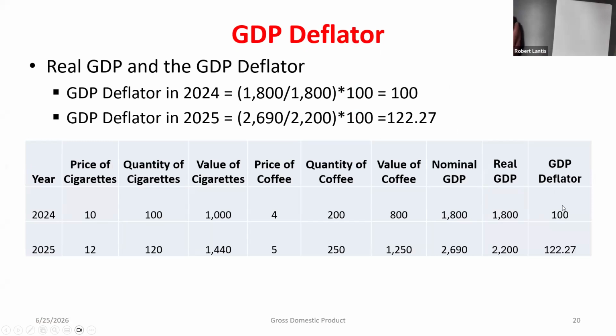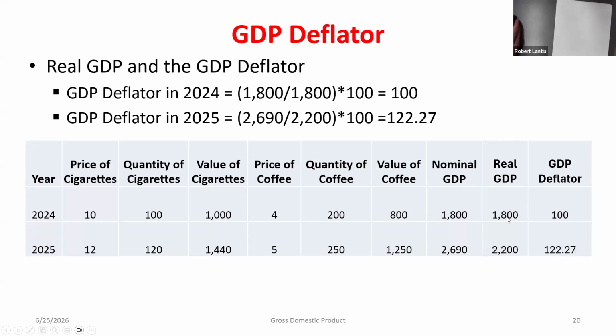Sure enough, in that base year, I get a GDP deflator of 100. If I do the same thing for 2025, I would be taking my nominal divided by my real GDP and then multiplying it by 100. So anytime I have inflation, my prices go up, and that GDP deflator should be going up as well.